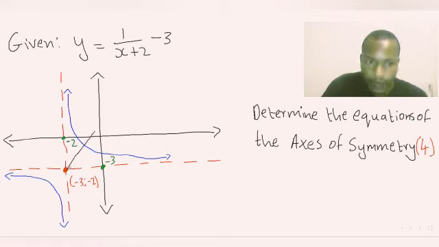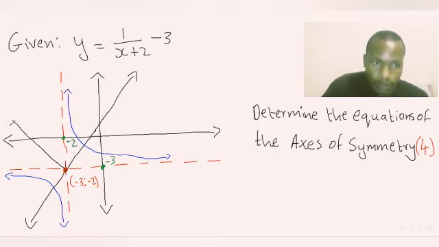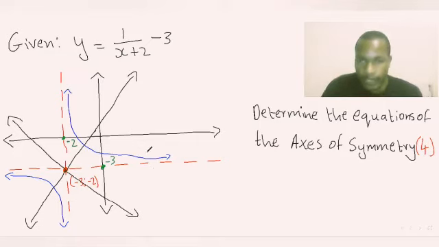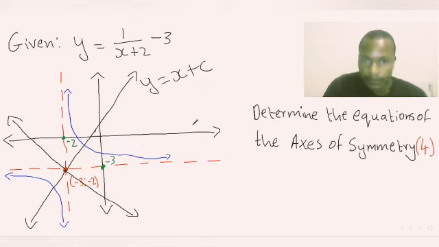So I can have one going through there and another one going through that way. This line over here, the equation of the axis of symmetry, would have a positive gradient. This one over here would have a negative gradient.